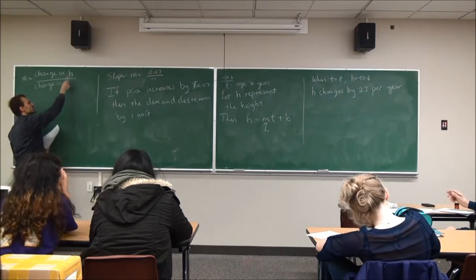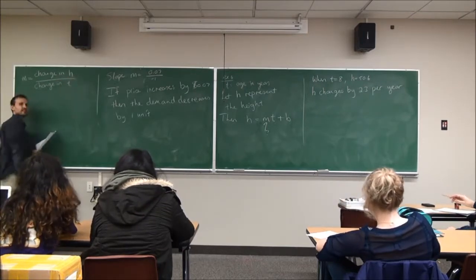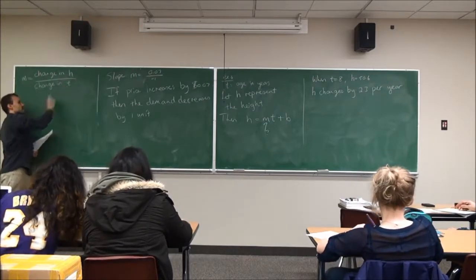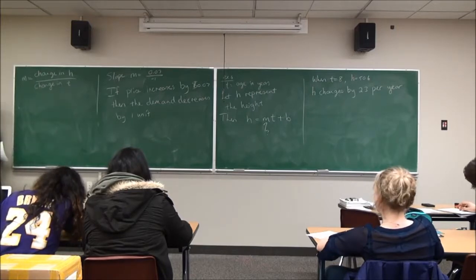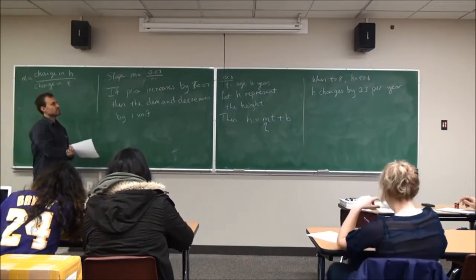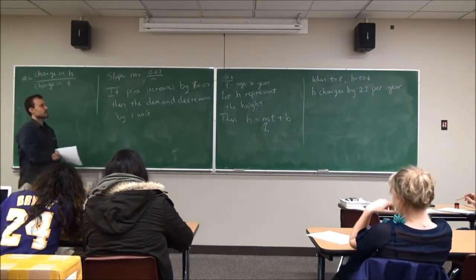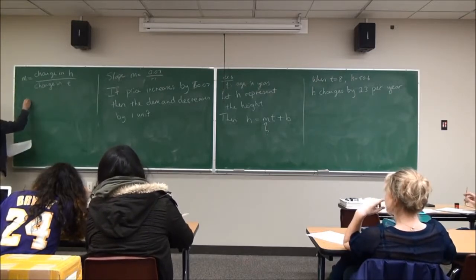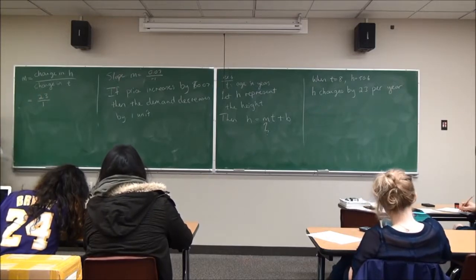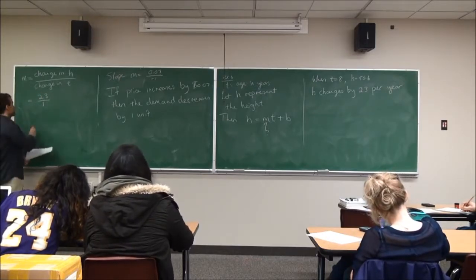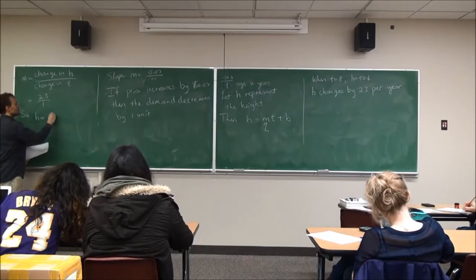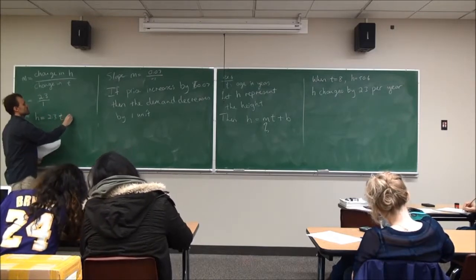Independent variable, dependent variable. H is a function of time. Y, X. Did they give this to me? They say that the height changes by 2.3 inches for every 1 year that passed. So for every 1 year, the height increases by 2.3. So I can update. My equation is height equals 2.3 times t plus b.